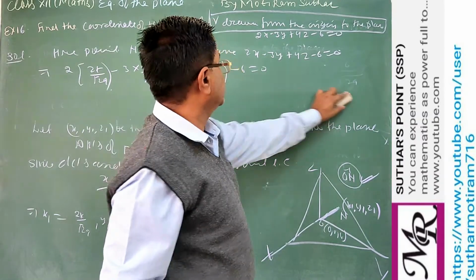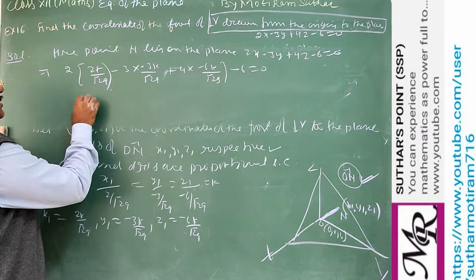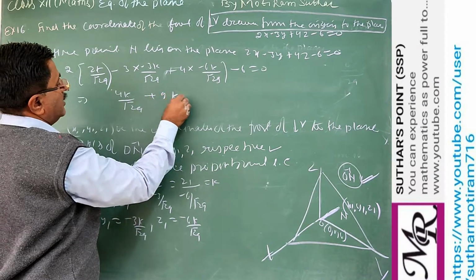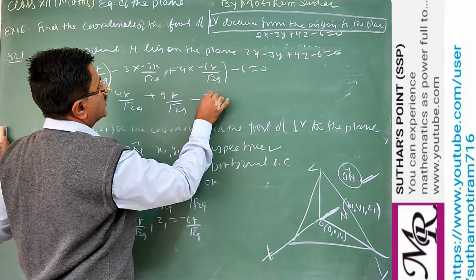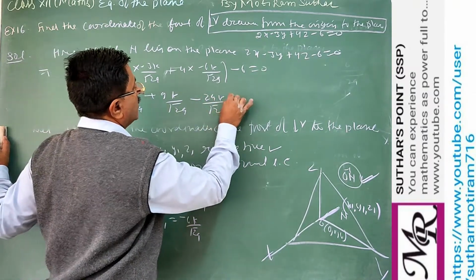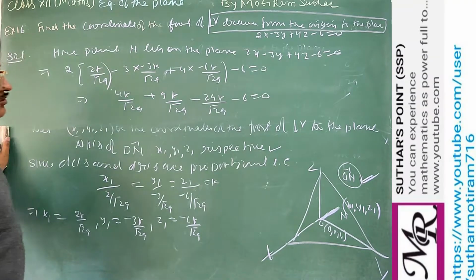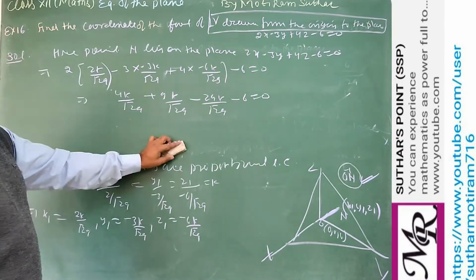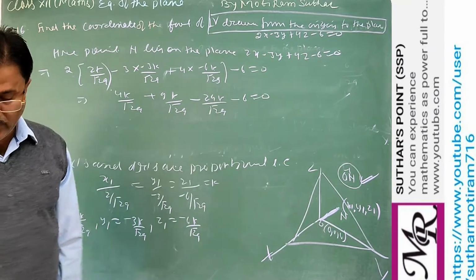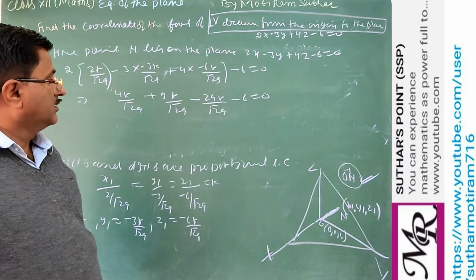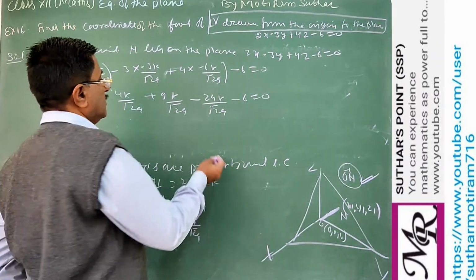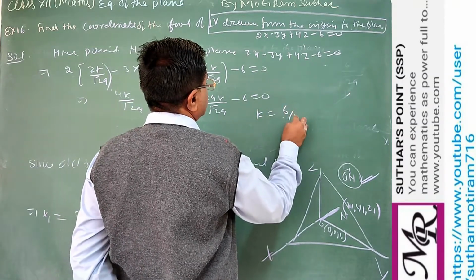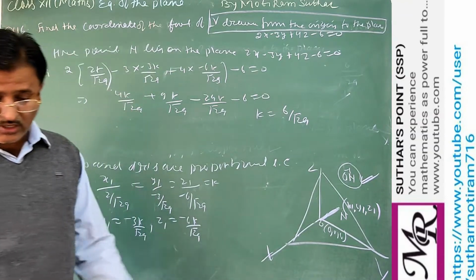Now if we solve this, we get 4k upon root 29 plus 9k upon root 29 plus 16k upon root 29, minus 6 equals 0. Solving this, taking root 29 common, we get k equal to 6 upon root 29.